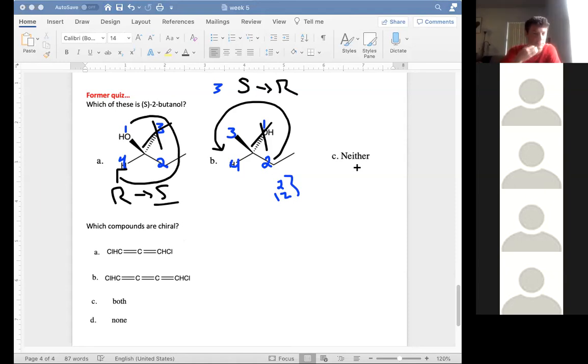So they have this double bond sequence, and if you were to draw out the orbitals, the pi bonds end up being perpendicular to each other, and the geometry of the pi bonds attached to the carbons lie in perpendicular planes.